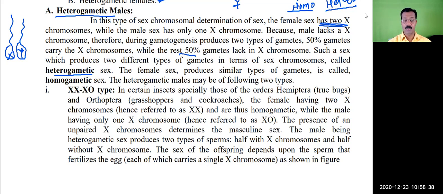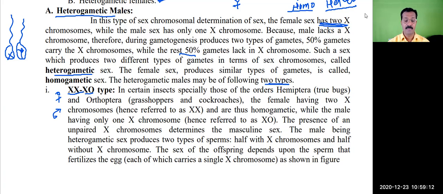These heterogametic males are of two types. One is XX and X0. This XX is for female, and this one is for male. So male will have X0 type. Meaning instead of Y, Y is not there, or any other respective sex chromosome is not there, it is absent, and that's why it is called X0.